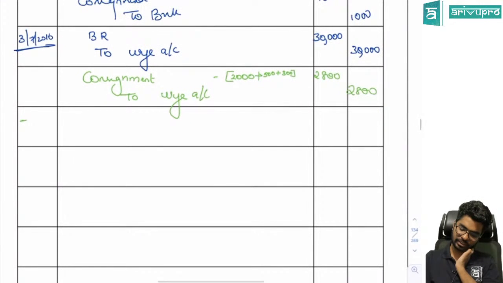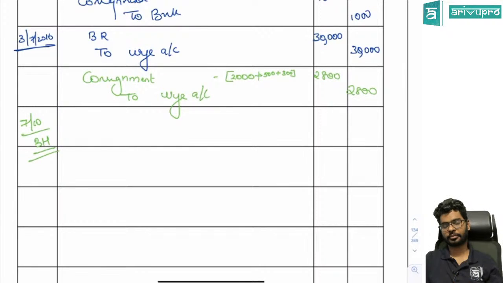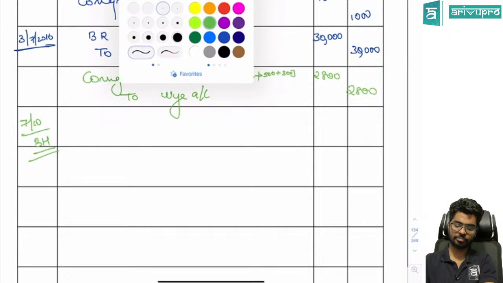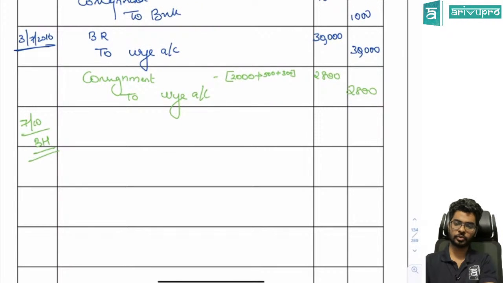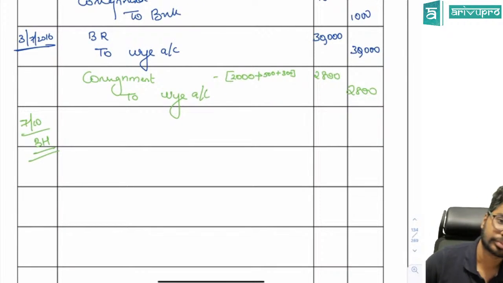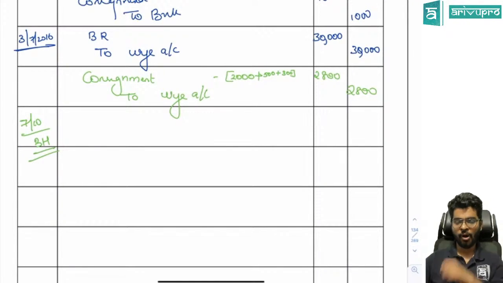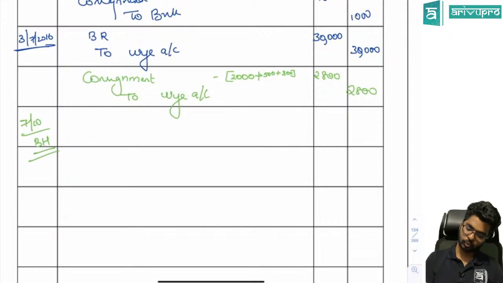So on 7th, what's the journal entry for bill getting honored? Yesterday we have done this. What's the journal entry if the bill gets honored on the due date? Thank you.